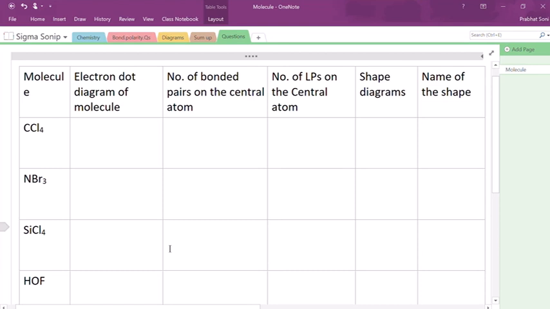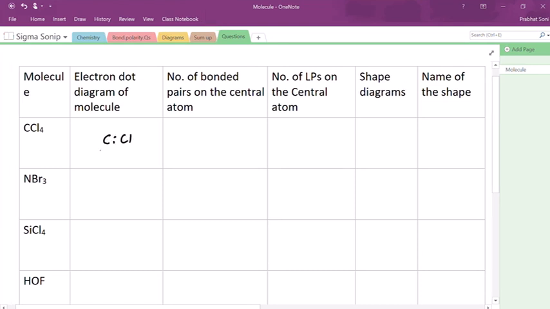So the electron dot diagram of the molecule, we know that this is what it looked like, and then you also need to show other electrons on chlorine.